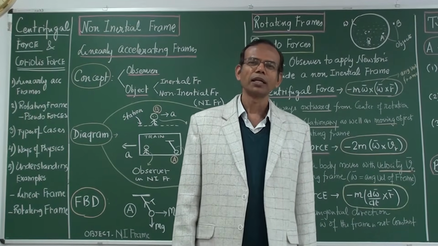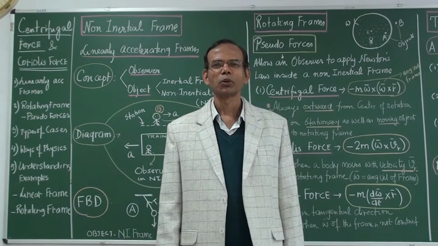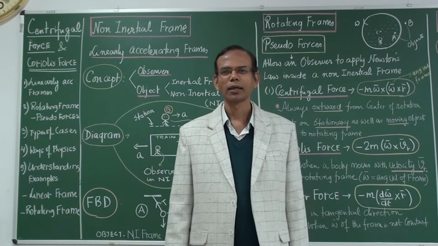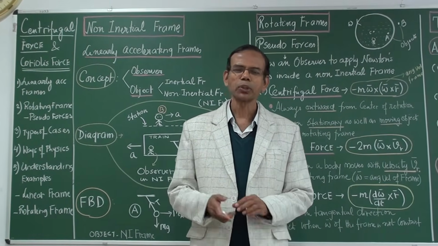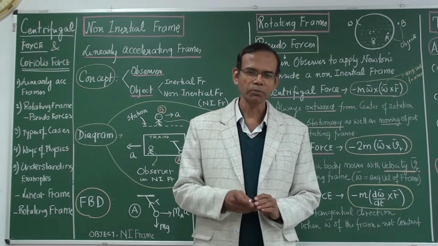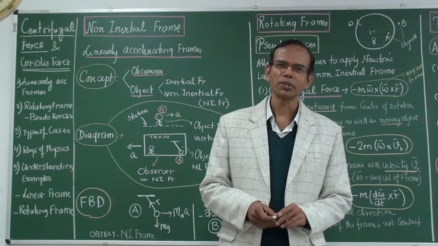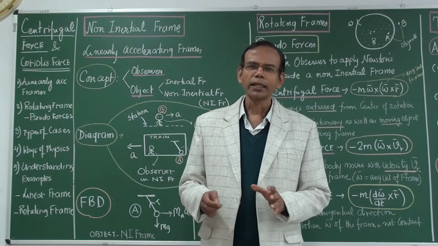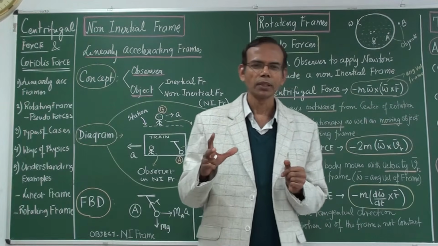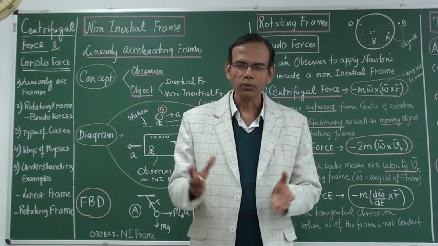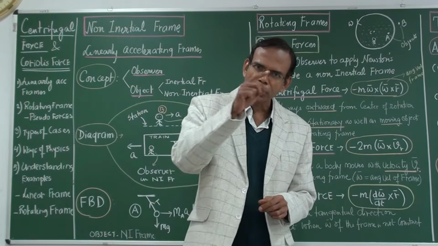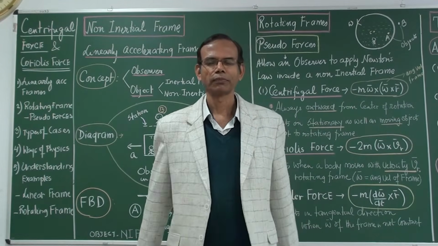So, in our last lecture, we studied centripetal force. Let us recapitulate very briefly. Let me tell you what we studied. If a body is moving in a circular motion, then its direction is changing at every point.